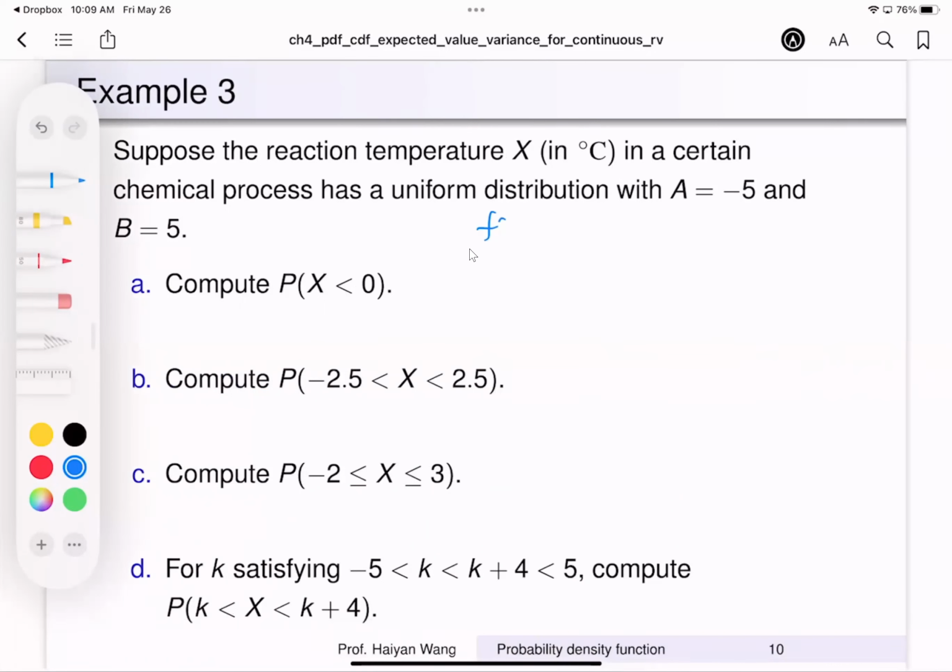So let's first write down the density function. It will be 1 over b minus a, so 5 minus -5, which is 1 over 10, for x between -5 and 5. And for all other x values, we will have 0 for f.